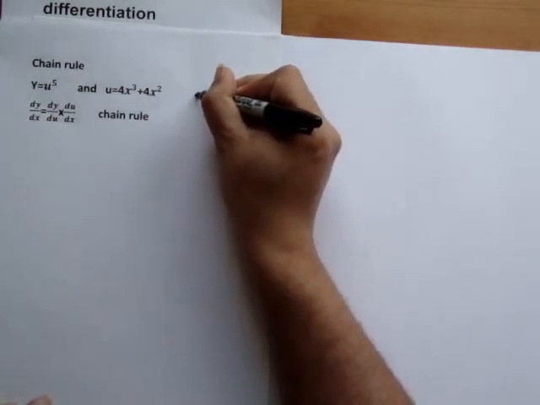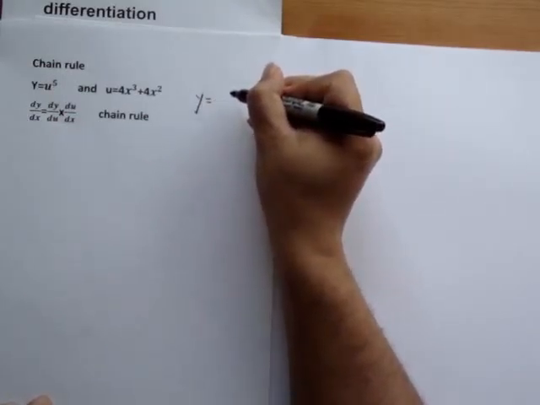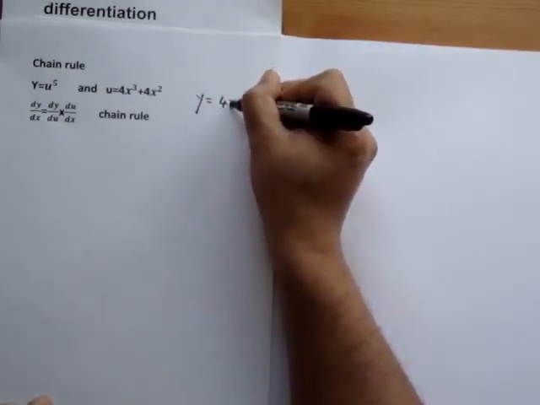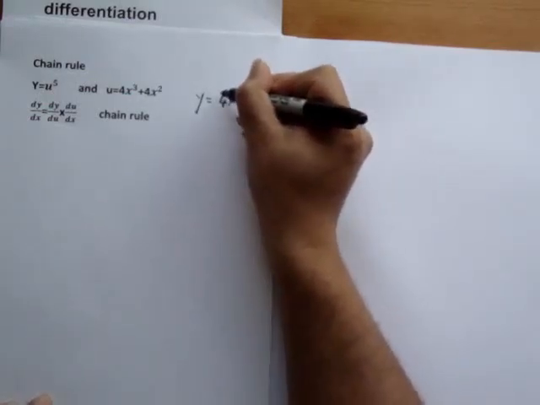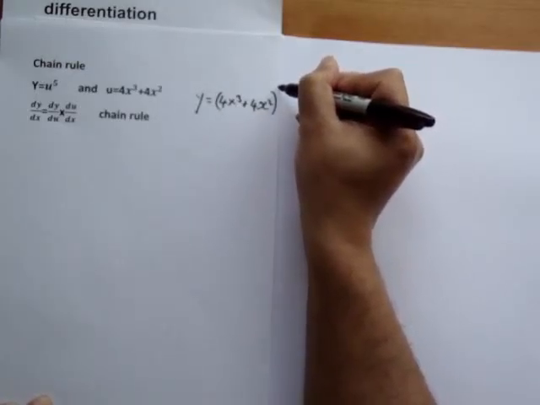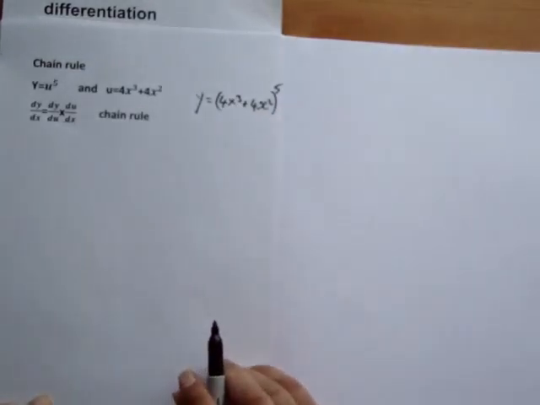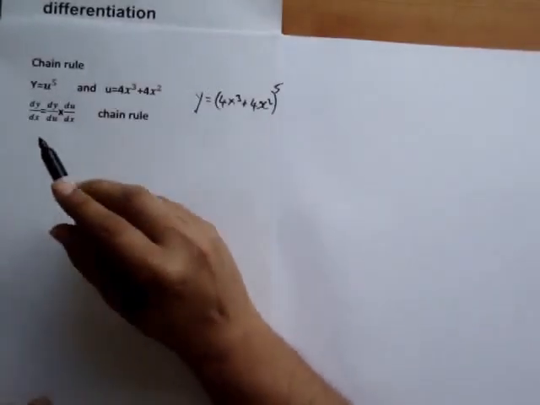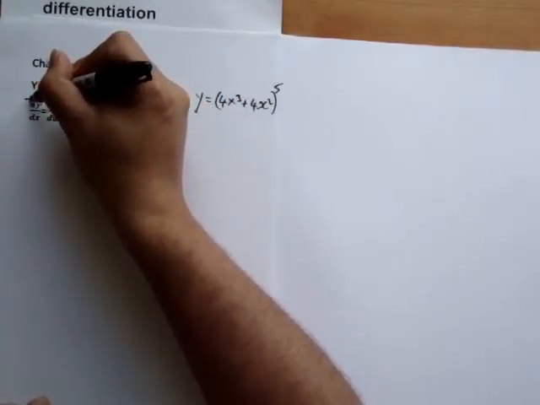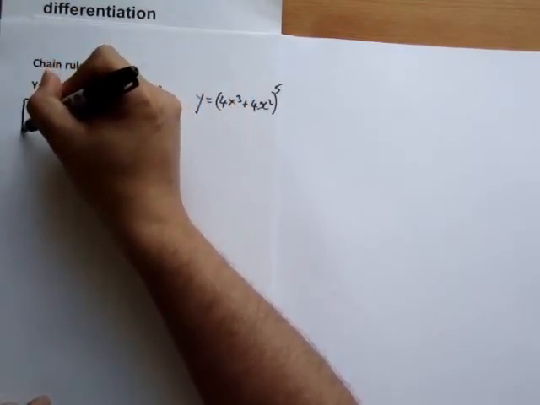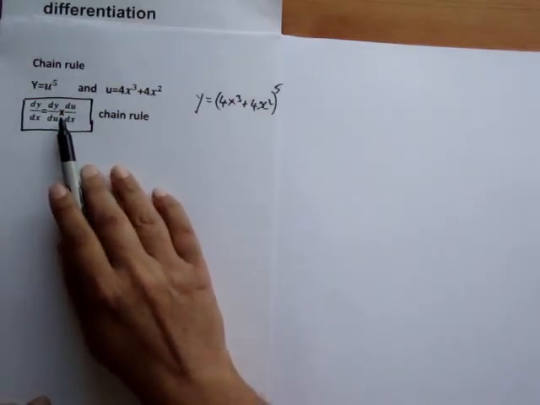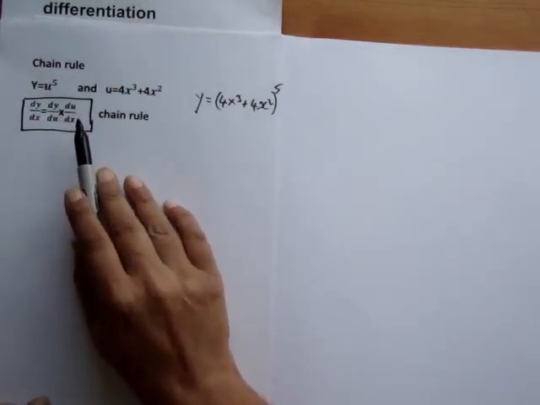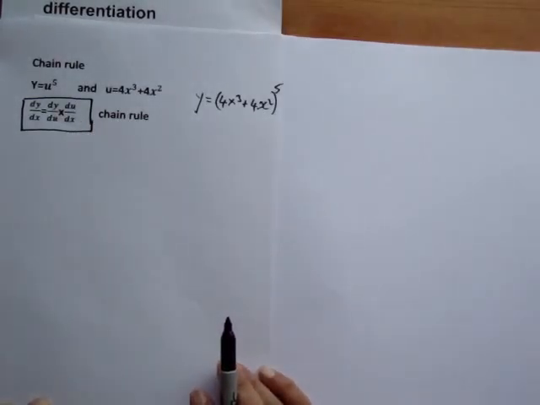So y is in fact 4x cubed plus 4x squared all to the power 5. When we do this, then this is the chain rule: dy by dx equals dy by du multiplied by du by dx. And this is known as the chain rule.